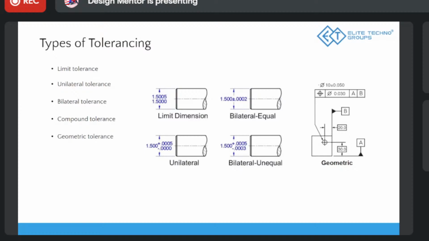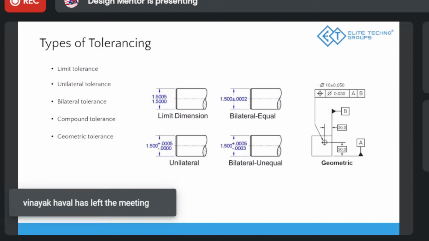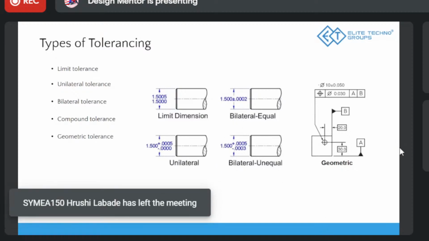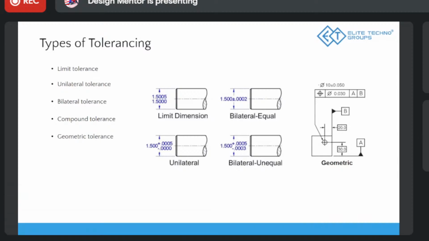Then let's come to the types of tolerancing. Now, how many of these tolerancing types have you learned so far? I think just maybe one, right? Has anyone ever seen this many types of tolerancing? Feel free, guys, to open your mics and ask doubts whenever you want.